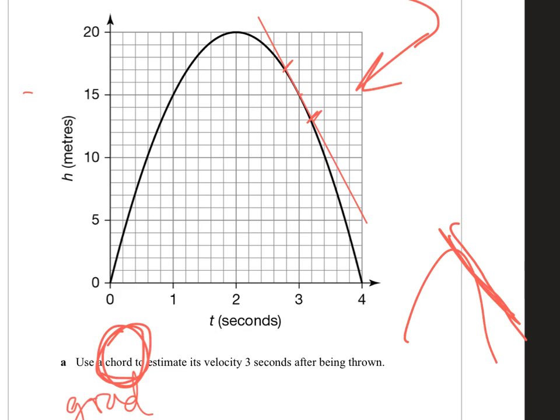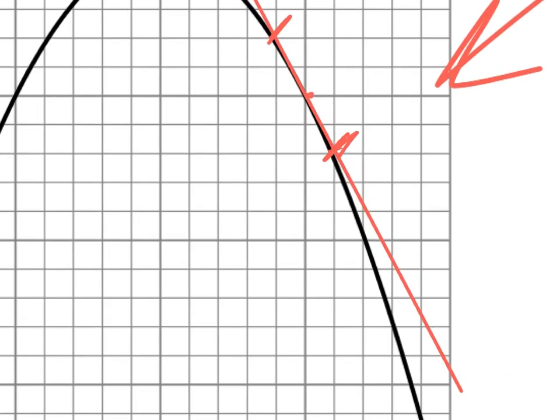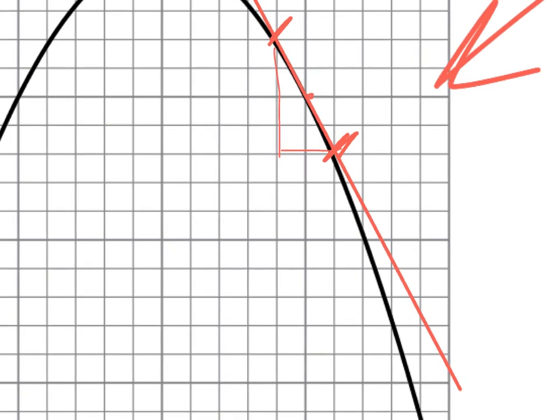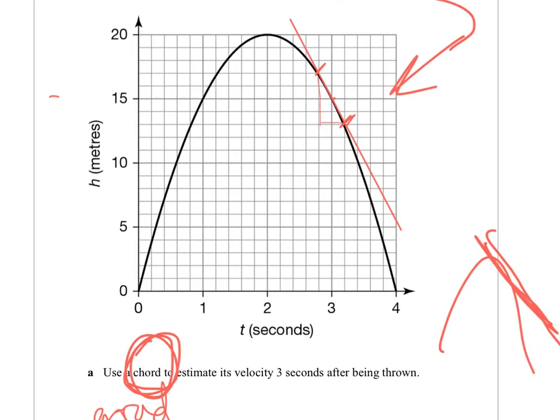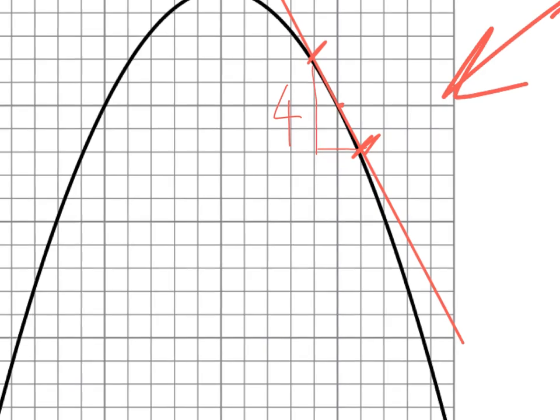Now I need to find the gradient here. Be really careful, because some of you thought that the scale was the same on both, and in that case would have said 4 over 2. It's not correct. The scale on my y-axis is one little box that's worth 1, so that is 4.